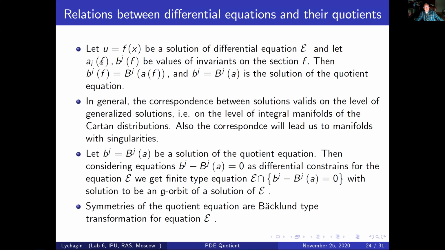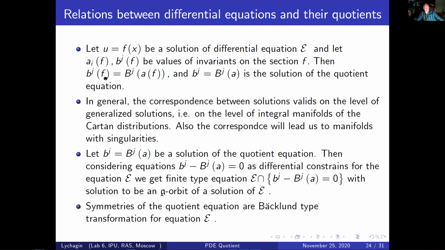Then if you take our invariants a_i and b_j, they take their values on this section, the function f. By assumption, in general situations, the a_i can be taken as local coordinates, and the b_j can be expressed as functions of these a_i. So we get this relation.